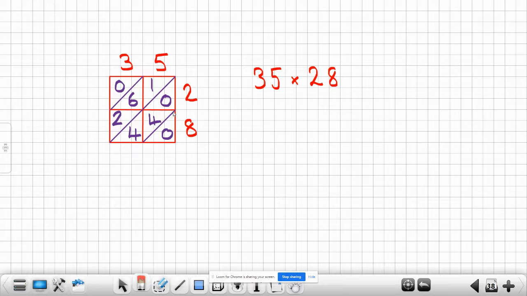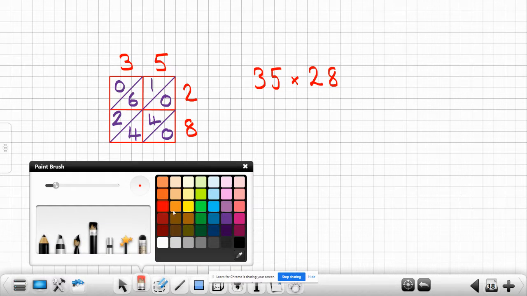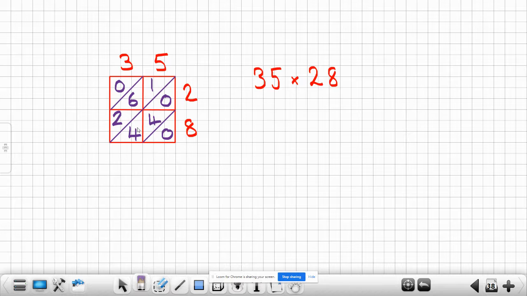So underneath our first diagonal, we have, no, I'm going to go back to purple so it matches our diagonal, sorry. So underneath our first diagonal, we have a 0. If we look between these two diagonals, we've got a 0, a 4 and a 4, which gives us 8. Here's our next diagonal.